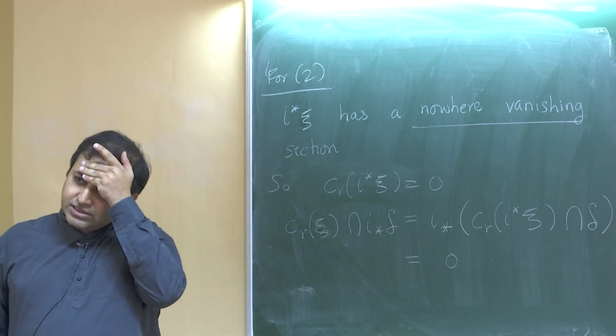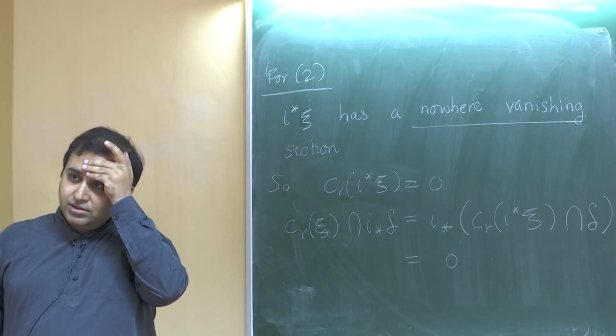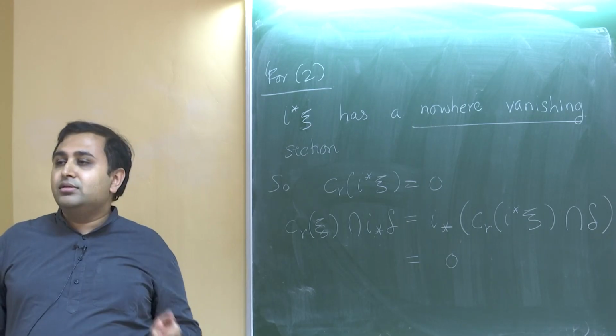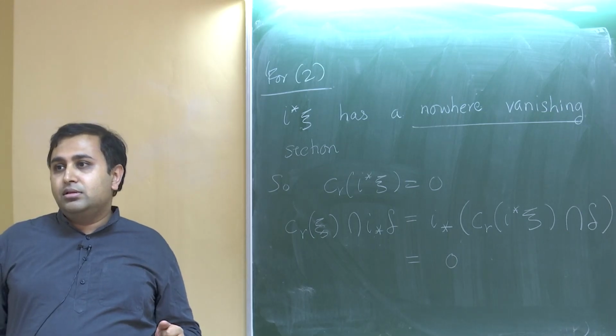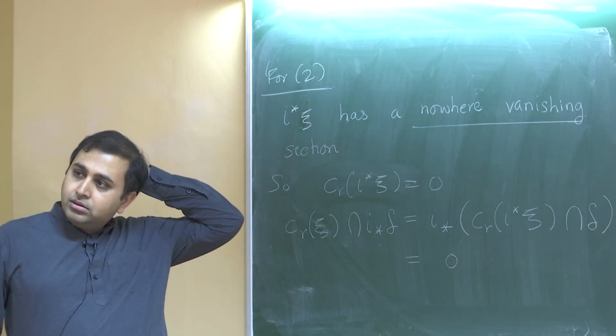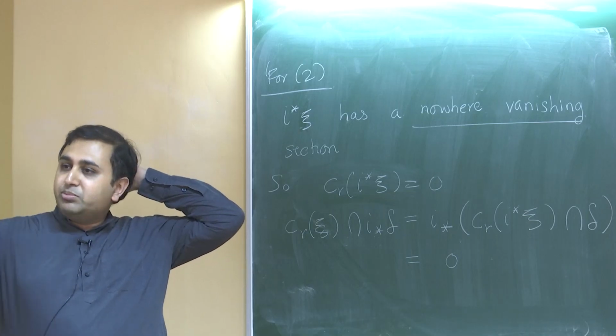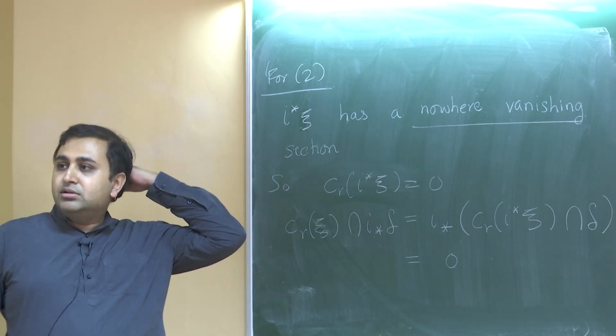I'm only looking at the restriction on the hyperplane at infinity. Not by one, right? By E. Yeah, by E. One part is 0.